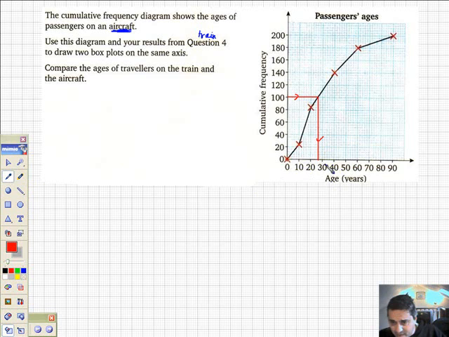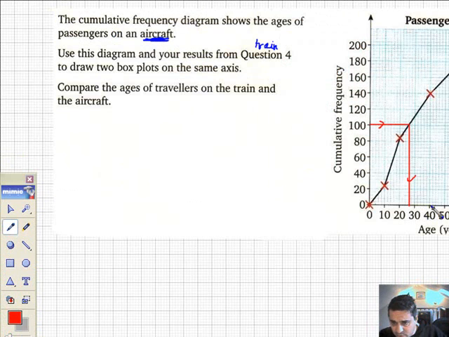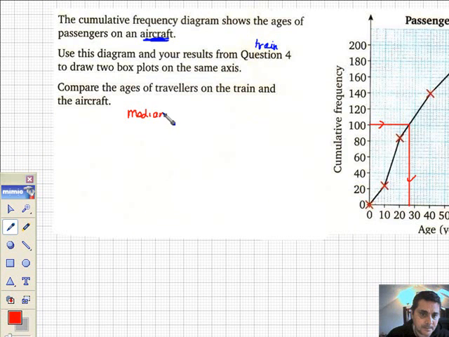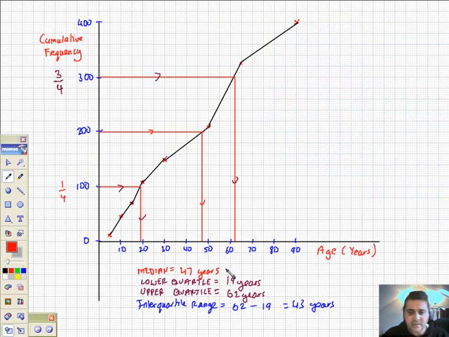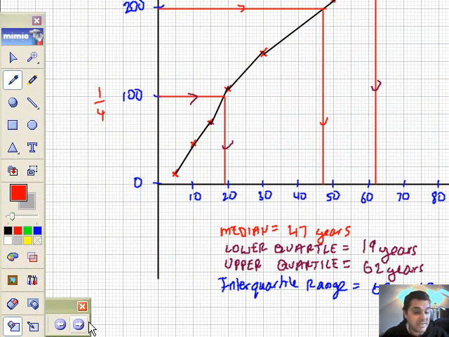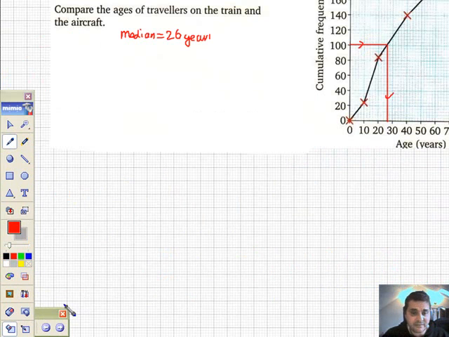I think there's 2 years to make 1 square, so that's going to be about 26 approximately. So I'm going to say the median age there is 26 years. Just while we're talking then, the median for those that go on the train is 47 years. Already we have a difference.